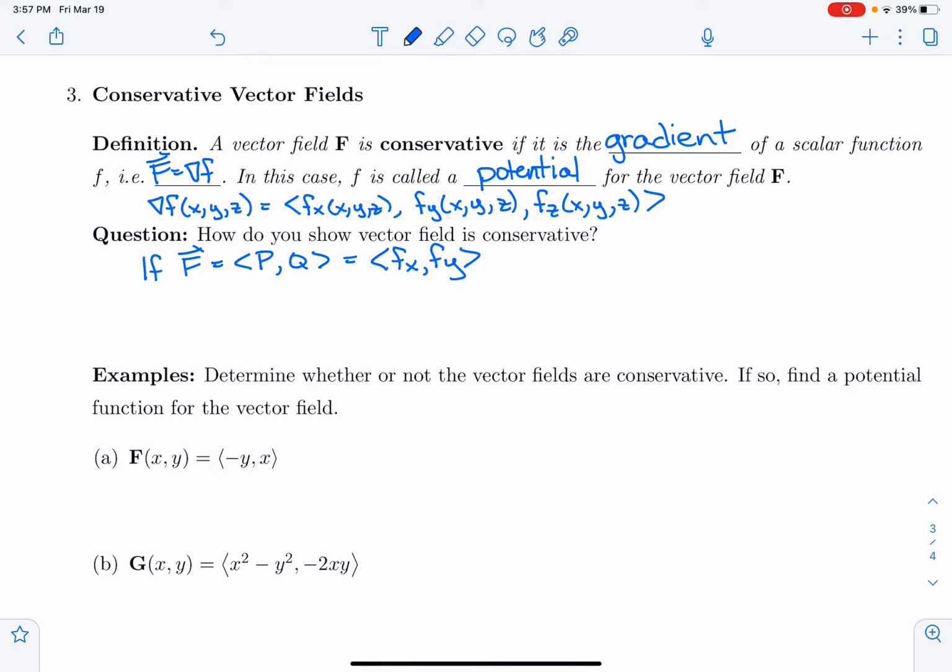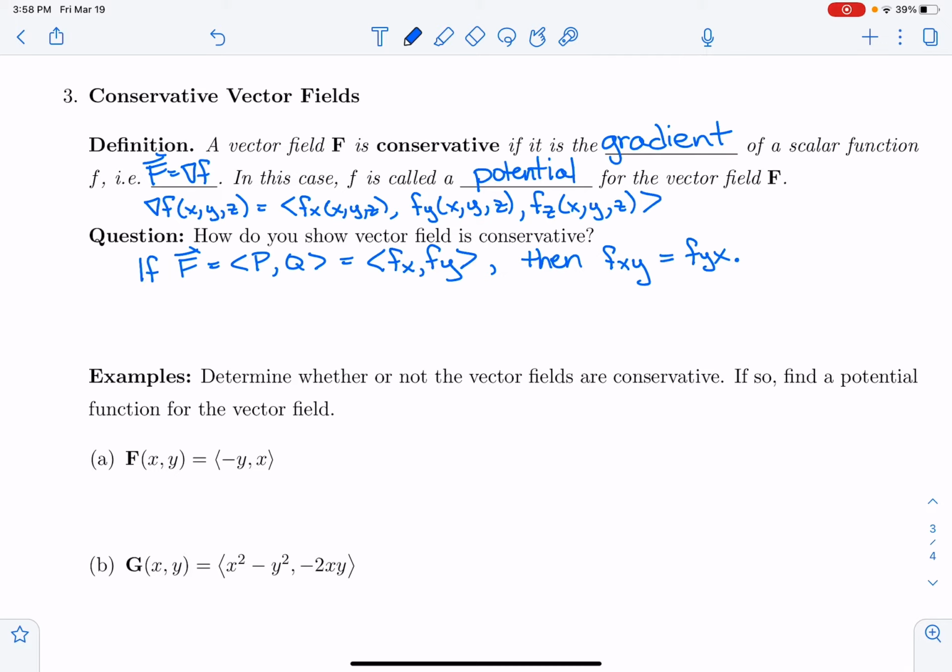So we've seen previously that the mixed second partial derivatives for our function f are equal. Well, if my vector field is conservative, then I should be able to take the partial derivative of the first component P with respect to y, and it should equal the partial derivative of the second component Q with respect to x.